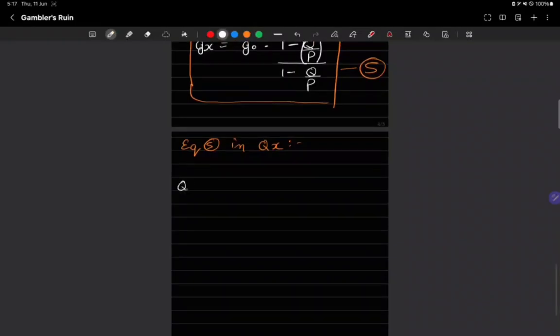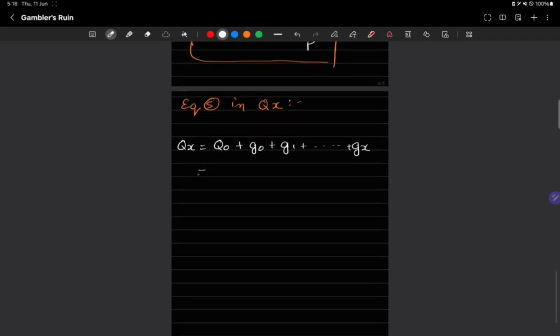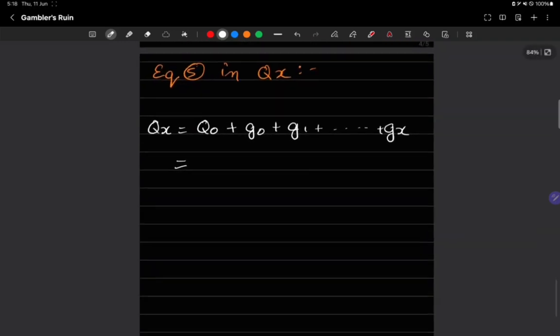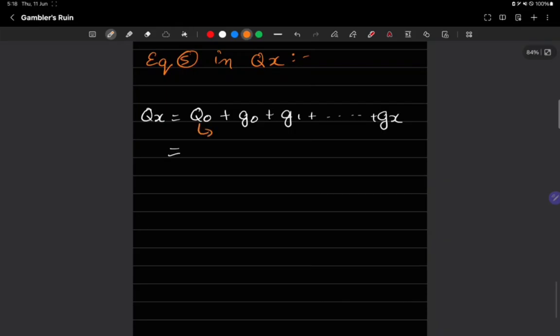As you know, q(x) is equal to q0 plus g0, g1 till g(x), and as we already know that q0 was our probability 1. So we'll put that value here.